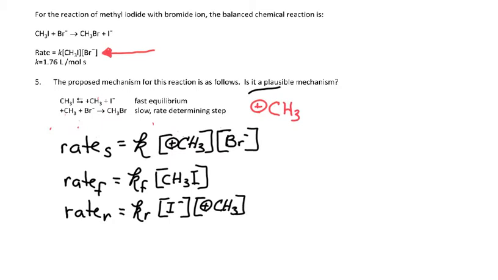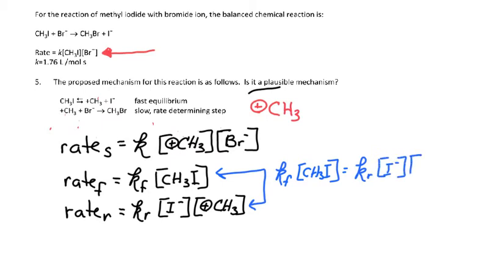Because it's an equilibrium, the rate of the forward is equal to the rate of the reverse. So we can set them equal to each other: Kf times methyl iodide is equal to Kr times iodide times methyl cation.